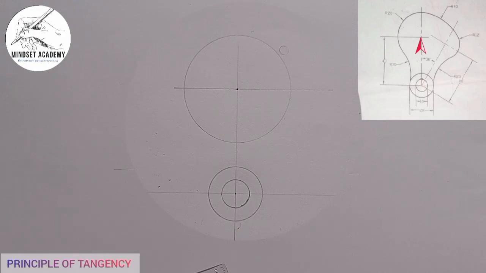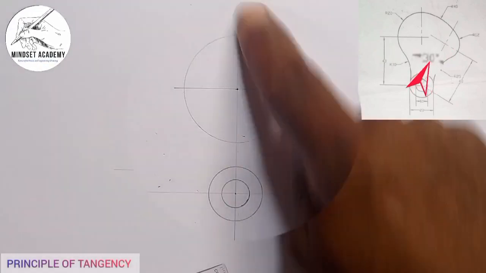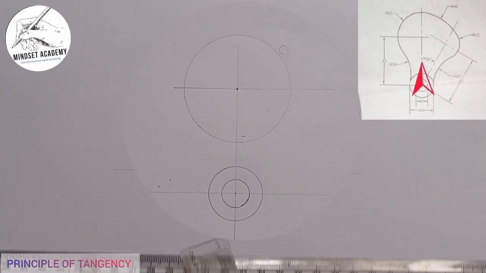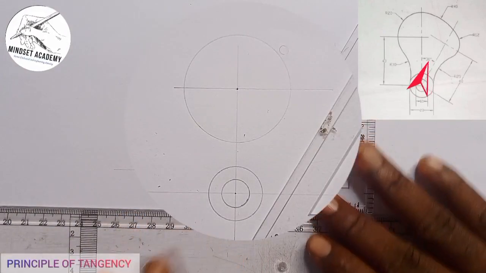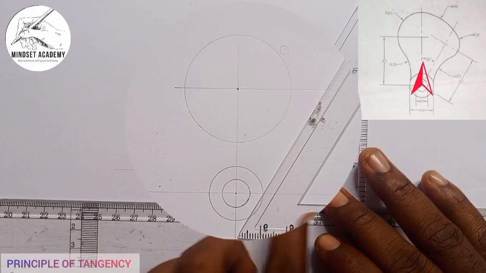Now the next thing I am going to do is there's another center at this point here. As you can see the arrow at this point here, that's the center of another circle. To get to that center, the circle is placed at an angle of 30 degrees away from the vertical line, right? So what I'm going to do is first of all draw out the line at 30 degrees from the vertical. I'll place my set square this way, right?